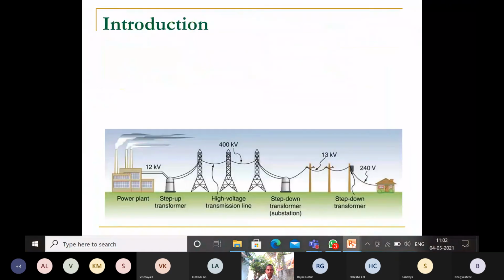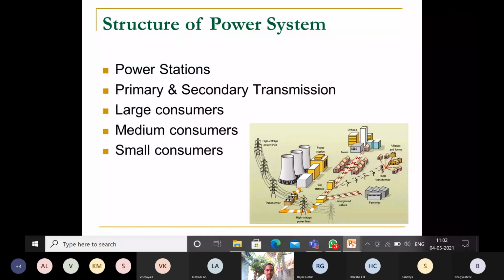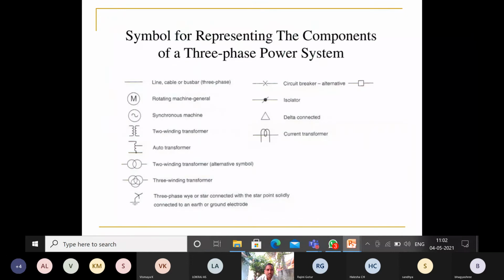So in the first module chapter, what is power system? That is the generating station, transmission grid, distribution system. You must know these basics. The structure of power system. What are the types of consumers there? Large power consumer, medium power consumer, small consumer. All these things, and symbols for representing the components of three-phase power system.